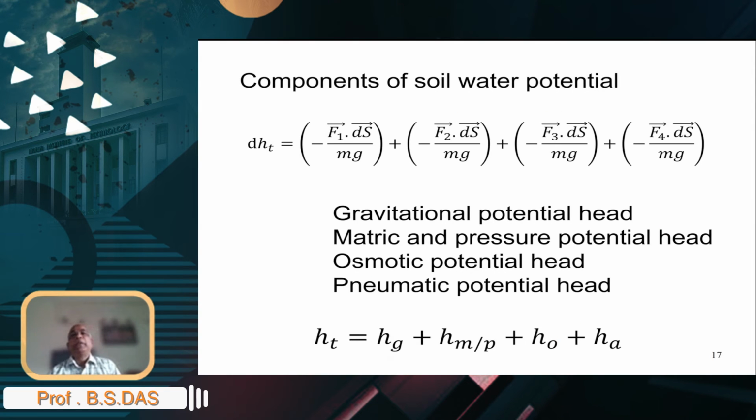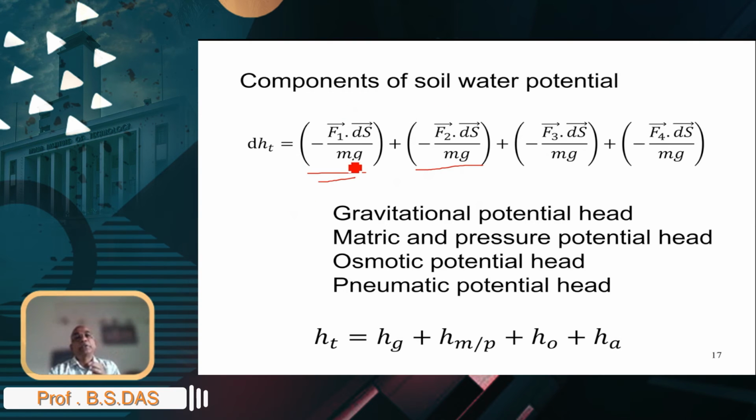So typically for the soil water potential, we recognize four distinct components, four distinct forces that act on water. So you can think about the first one up here as the gravitational potential head. This one is the potential head because of capillarity, because of the interaction between water and soil, right?